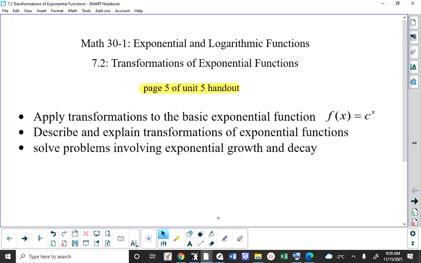Quite frankly, the first part of this lesson is something that you should know how to do already, because it's going to be dealing with a, b, h, and k being applied to y equals c to the x. And since you know what y equals c to the x looks like graphically, y-intercept of 1, horizontal asymptote on the x-axis, you ought to be able to tell me everything about transformations of that function.